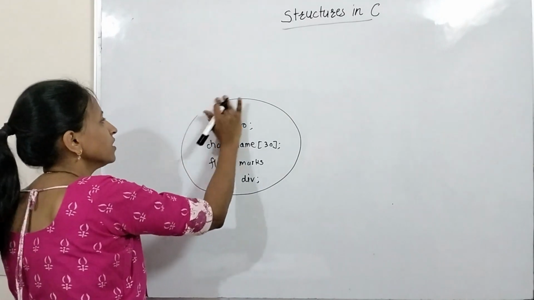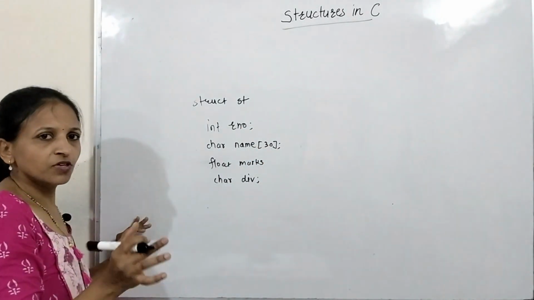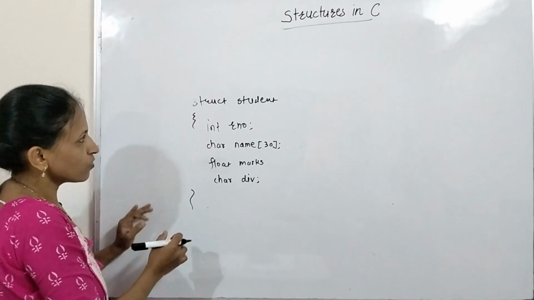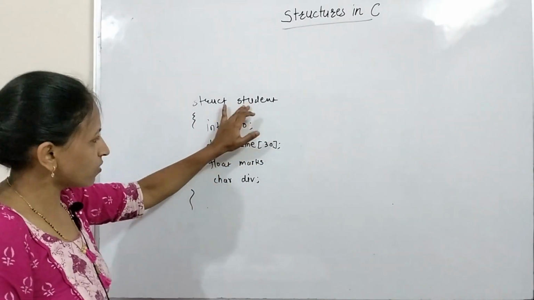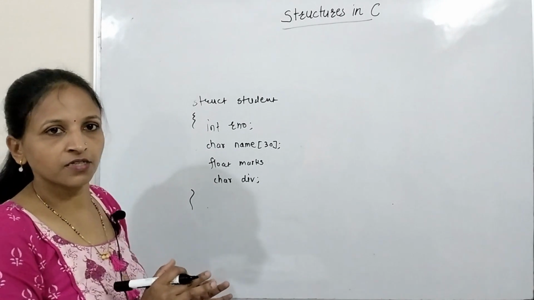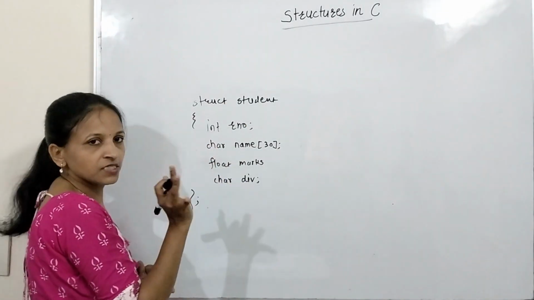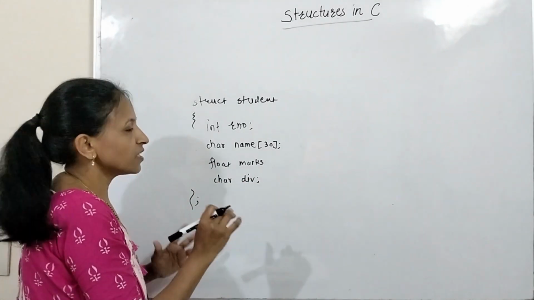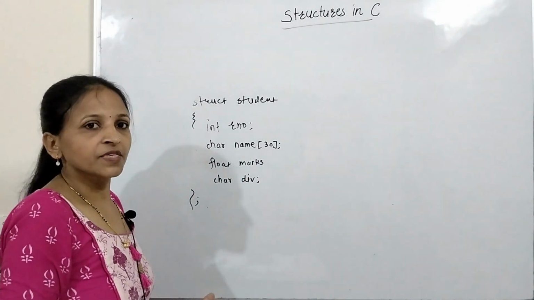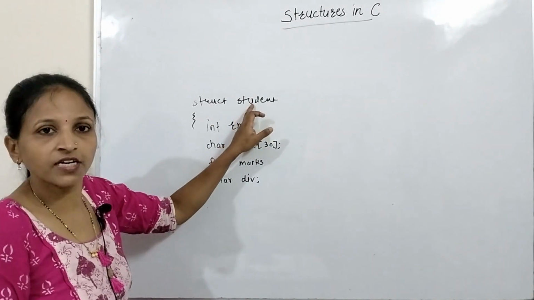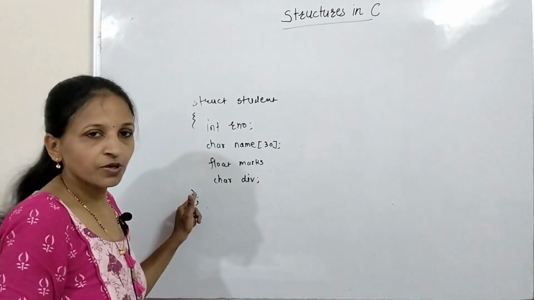How will we write it? struct, and we can give any name like struct student, and this struct student will have all this information in it. Means we are creating one single unit to represent this data. This is nothing but a structure. This struct student will represent all this information together.